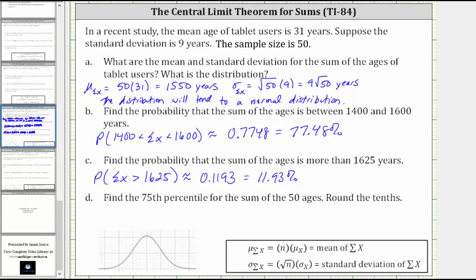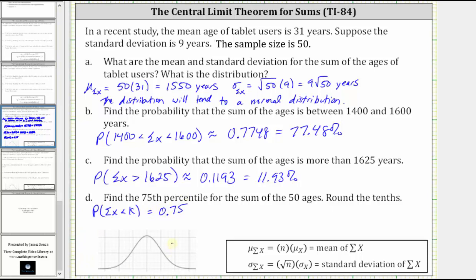For part D, we're asked to find the 75th percentile for the sum of the 50 ages, which will be the sum that is greater than or equal to 75% of the other sums. If we let k equal the 75th percentile, we can state the probability the sum of x is less than k is equal to 0.75.